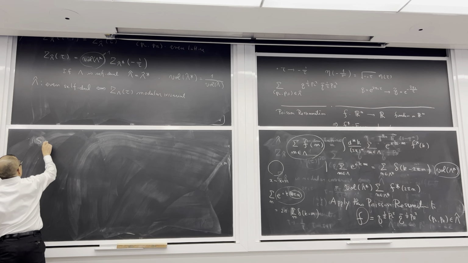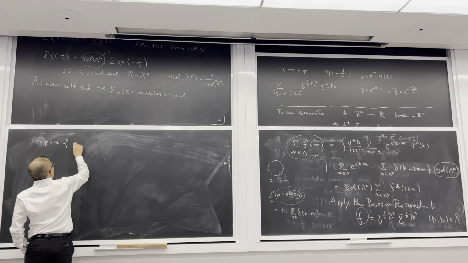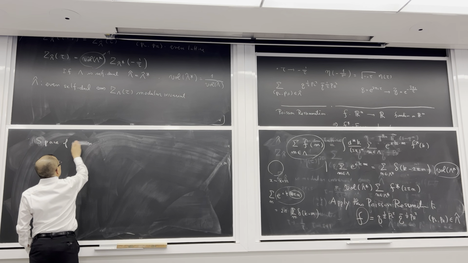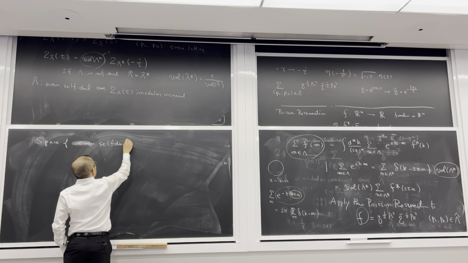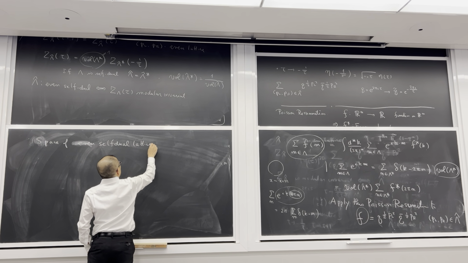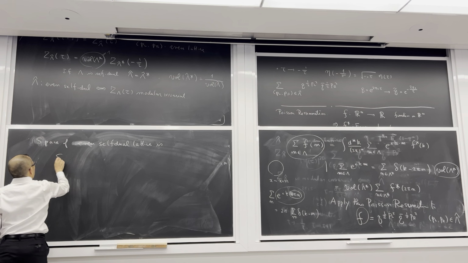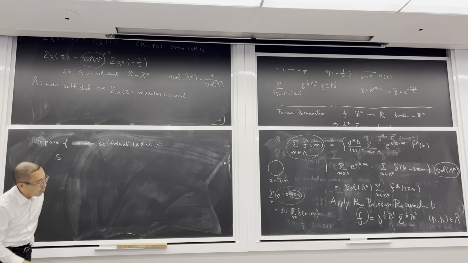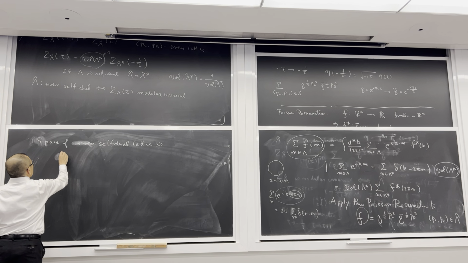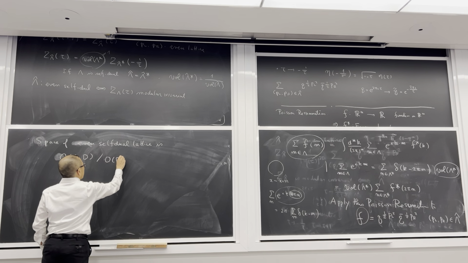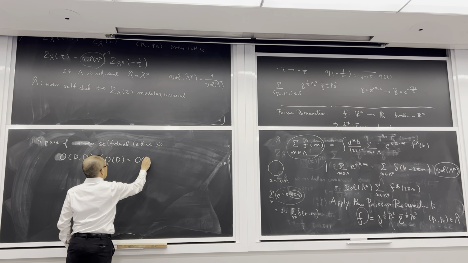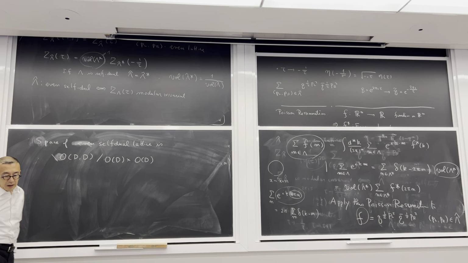We start out by saying that the space of even self-dual lattices is SO or O of D,D divided by O of D times O of D, divided by O of D,Z.